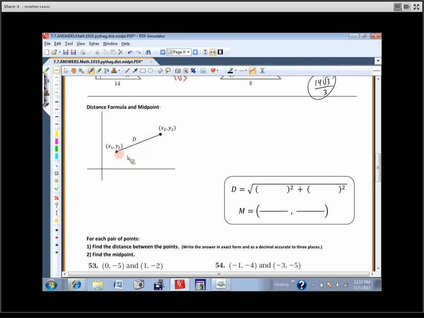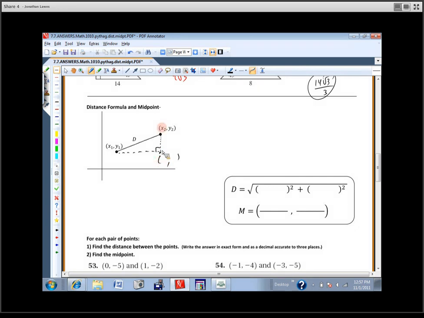So we want to know how far it is from here to here. So here's what we do. I'm going to draw a straight horizontal line over here, straight vertical line, and I'm going to make a right triangle. And my question for you is, what are the coordinates of that corner right there? Don't say anything out loud.